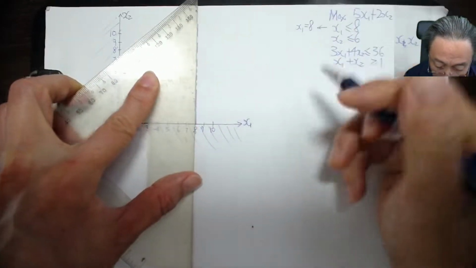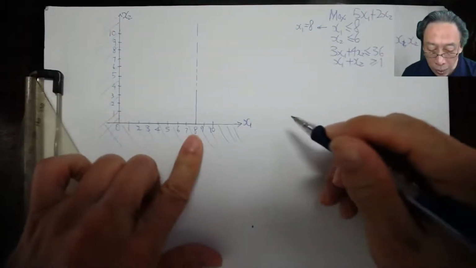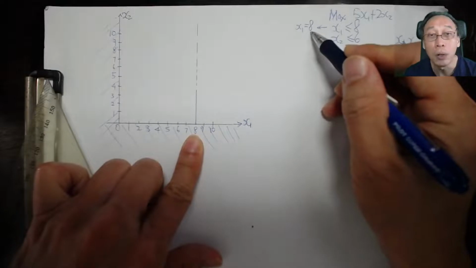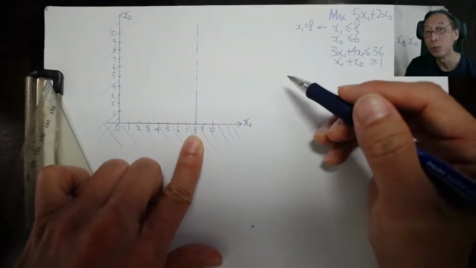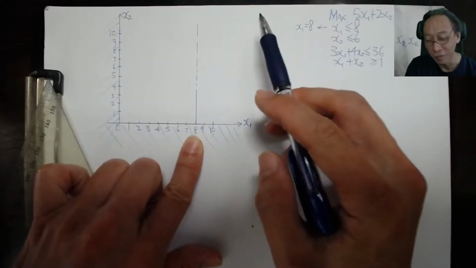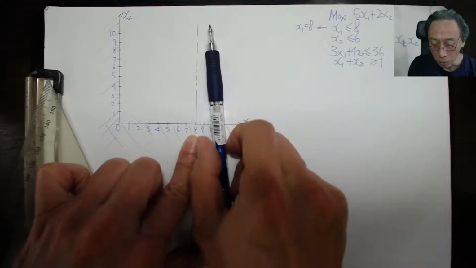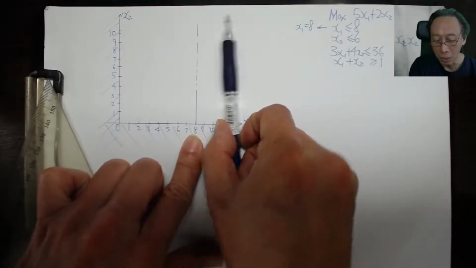And every line that we draw will divide the remaining plane into two sections, not necessarily equally large, but they're both infinite. So do we want the right side of x1 equals to 8 or the left side?